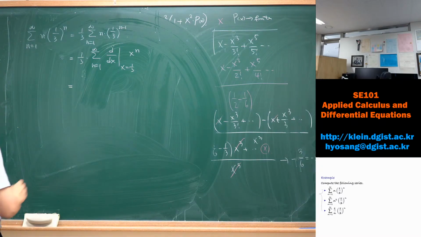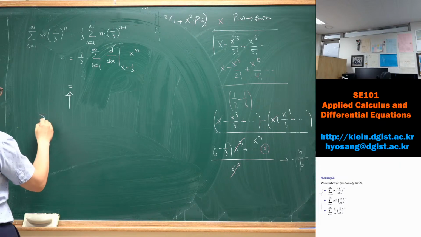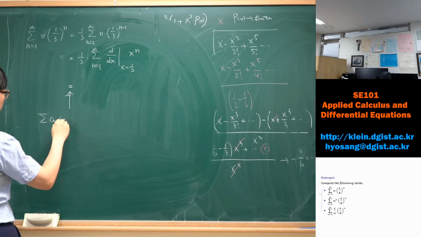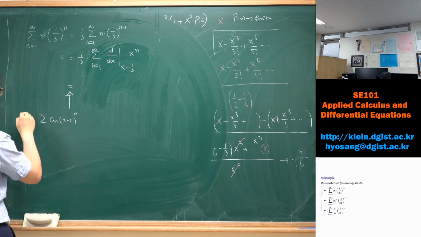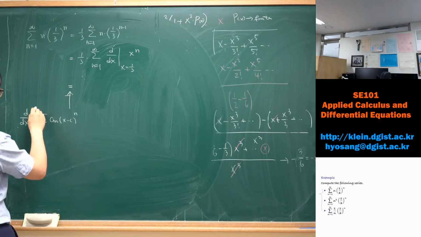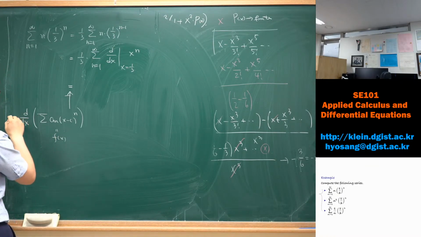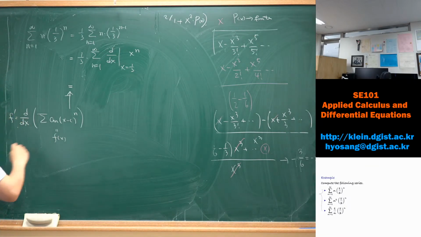Basically, the previous theorem says if I have a power series a_n times (x minus c) to the power of n, and take a derivative on x, since I defined this to be f of x, this whole thing is f prime of x.